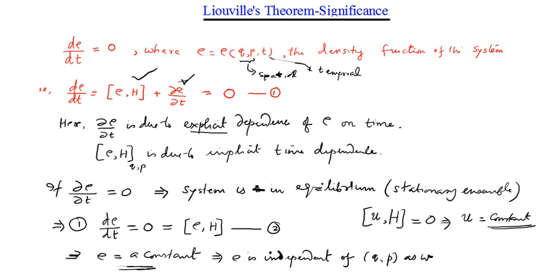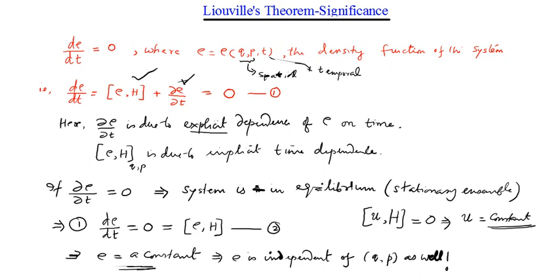How did we begin? We assumed that the system is in equilibrium. Therefore ∂ρ/∂t is equal to 0. There is no explicit dependence of the phase space density on time, which demands that the Poisson bracket of ρ with H of the system must also be equal to 0. And from the theorem, we know that it demands that ρ should be a constant.